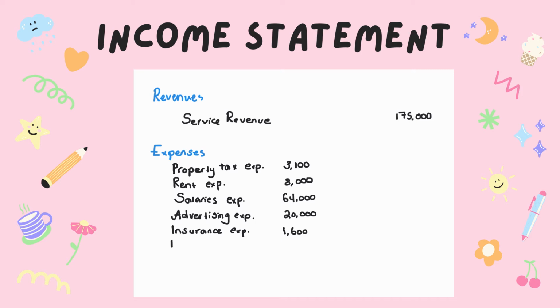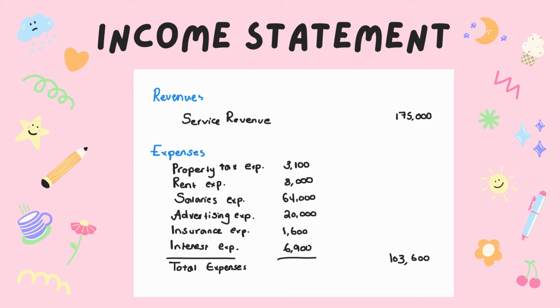And last one, interest expense, $6,900. Okay, now let's find total expenses. Total expenses is 103,600. So now, as you can see, my total revenues are greater than my total expenses.